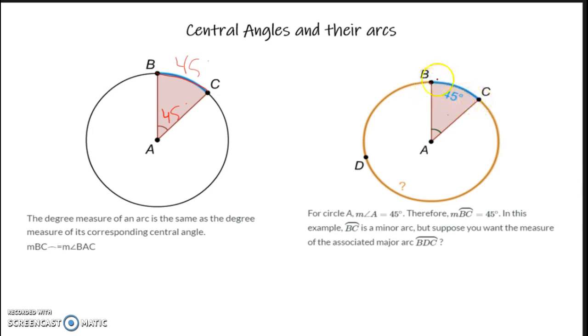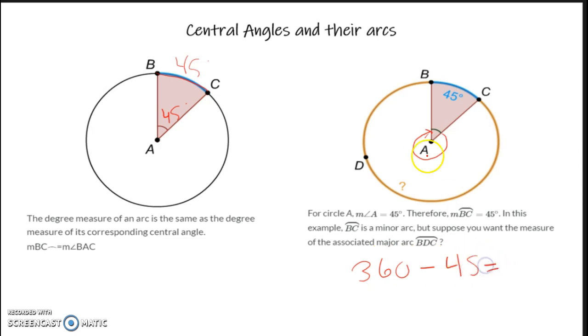But there's another major arc, and when we're naming major arcs, which are any arcs larger than 180 degrees, you need to use 3 letters. And the degree measure of that arc is going to be the remainder of the 360 degrees of the circle, right? We have the 45 degree angle measure that was here at angle A. Well, what's remaining is whatever's left. Remember, there's 360 degrees total in a circle.